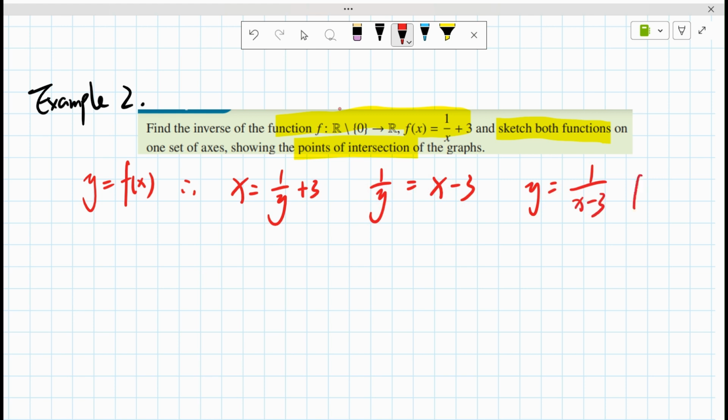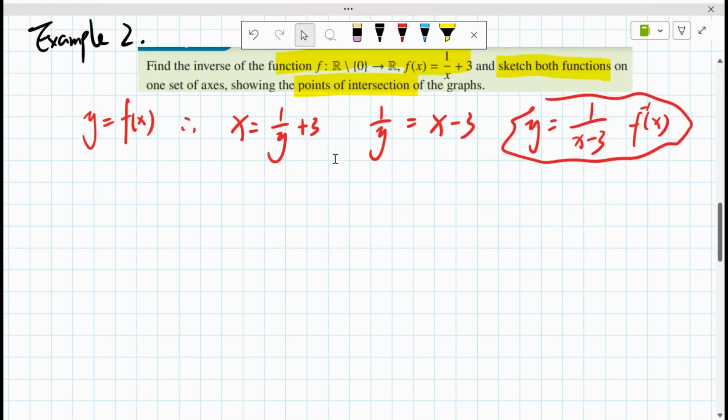That is your function f to the -1 of x, the inverse function. Now for the domain: x cannot equal 3, but the rest can. So x is the real numbers except 3.